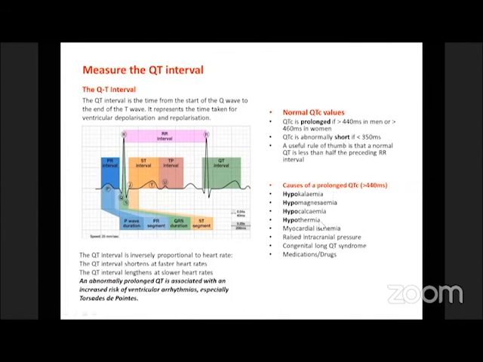And of course, we have several causes of prolonged QT interval, starting from electrolyte disturbance, hypokalemia, hypomagnesemia, hypocalcemia, hypothermia, myocardial ischemia, raised intracranial pressure, congenital long QT syndrome, and sometimes medications, which is a common cause of long QT.